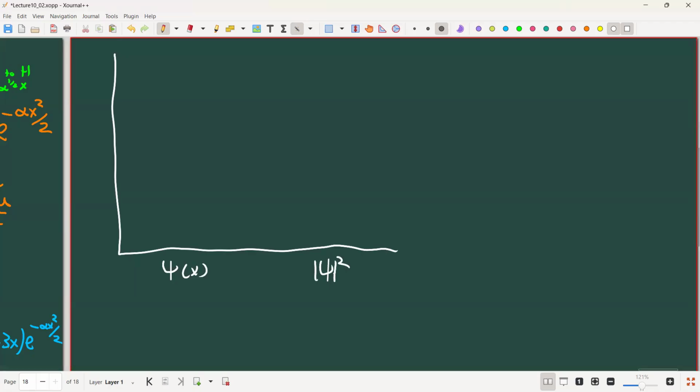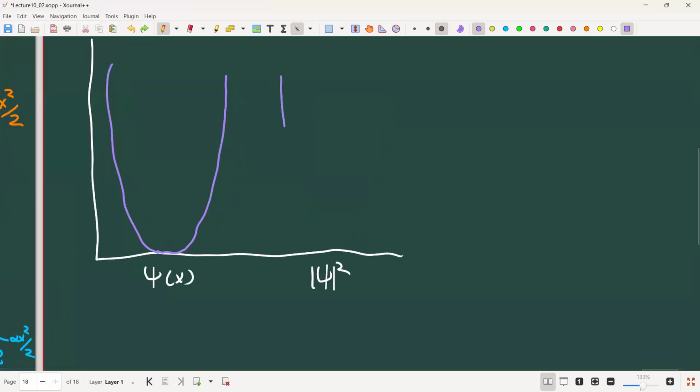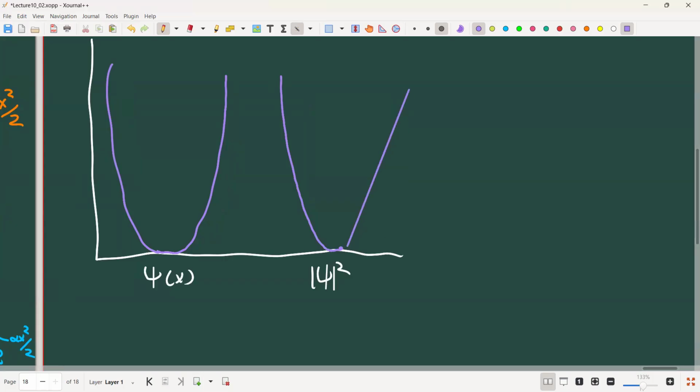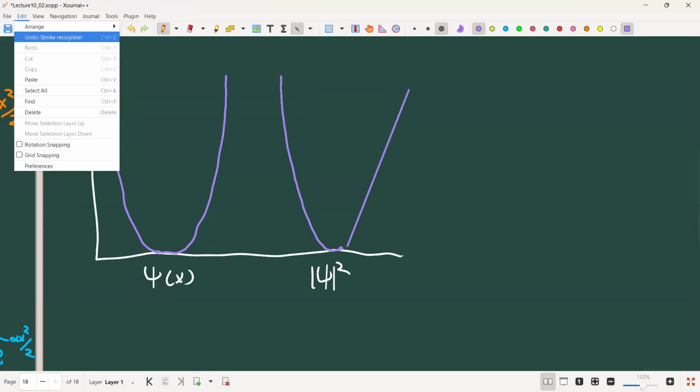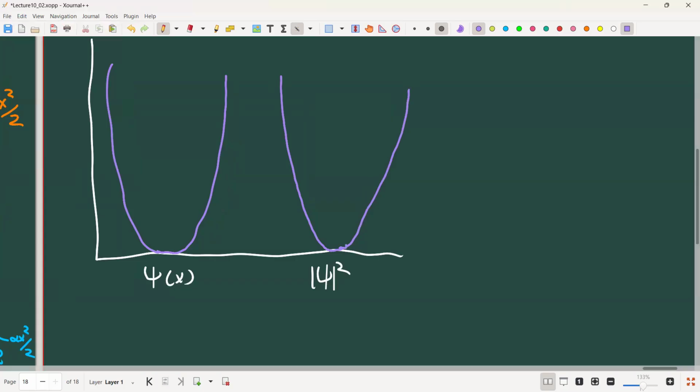I'm going to draw two different potentials, identical potentials, one for each. Here's our potential for one, and I'm going to draw the same potential over here. Like that. That's a terrible picture. Here are our potentials. Much better. Okay, there's my two potentials.